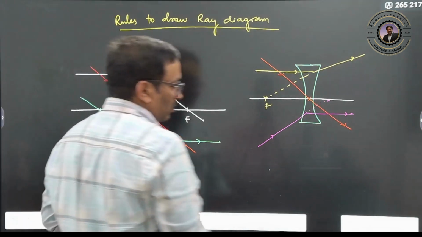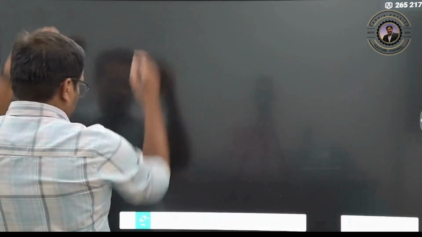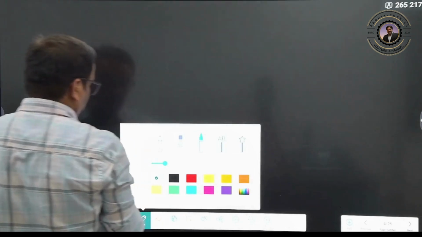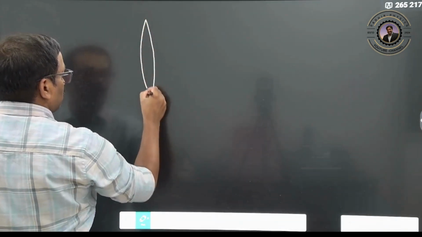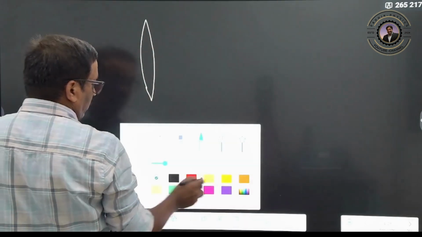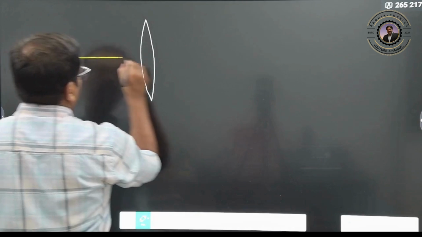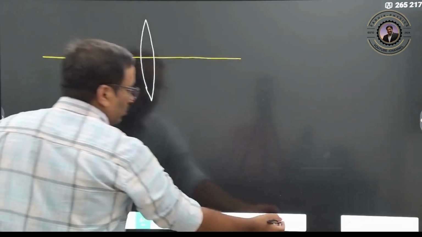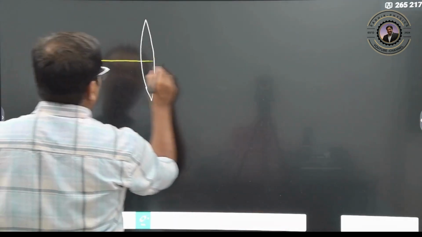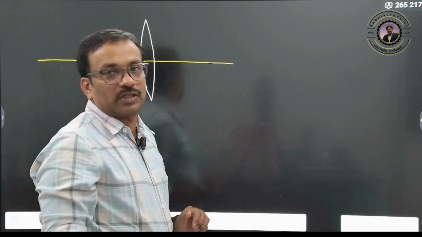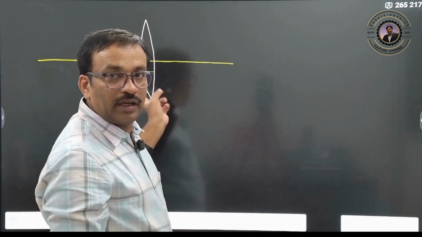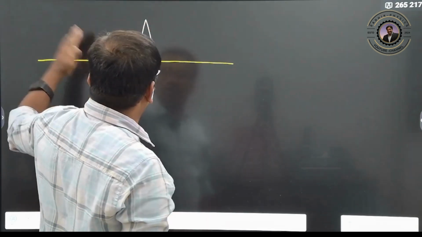We will draw them one by one. We will go for one converging lens first. So this is one converging lens. Where can you keep the objects? Let us see. There are totally 6 positions. One is at infinity. Next one is beyond the center of curvature.